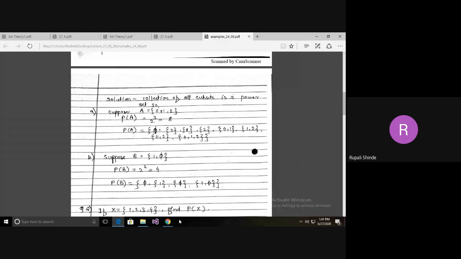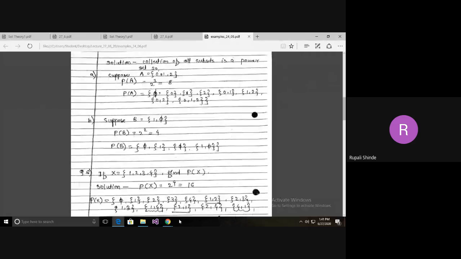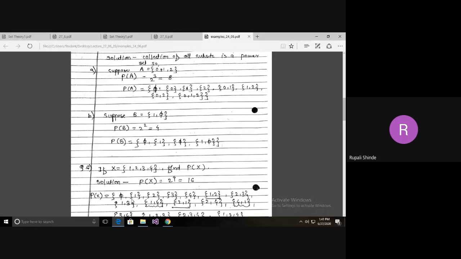Now tell me what the different elements are. First element: the null set. Next elements: {1}, {2}, {3}, {4}, then {1, 2}, {2, 3}, then {1, 3}, {1, 4}. Again, here {1, 2} and {2, 1} are the same, so we are not going to consider them as different.